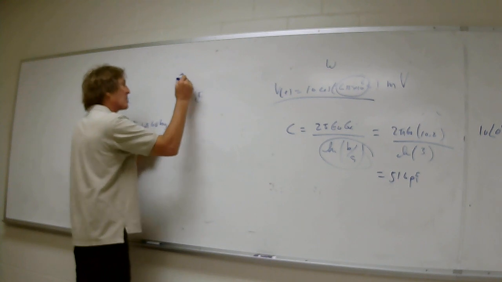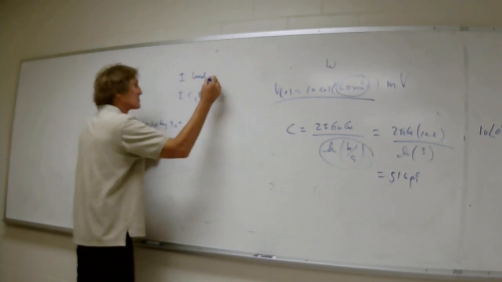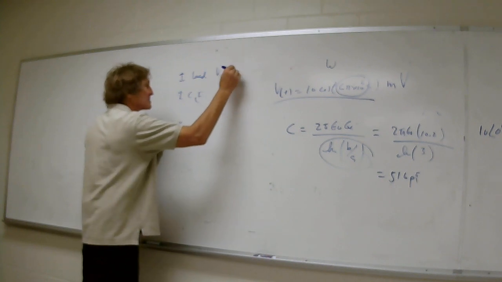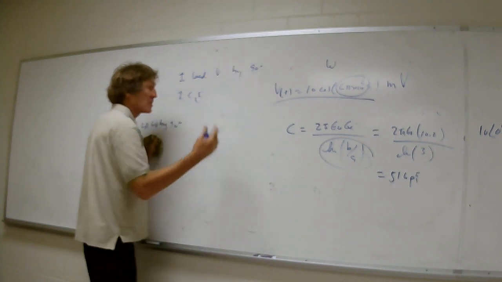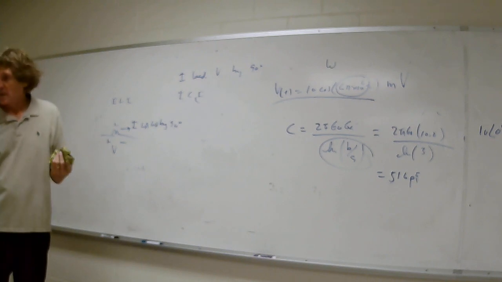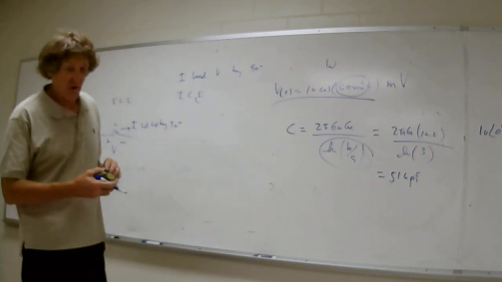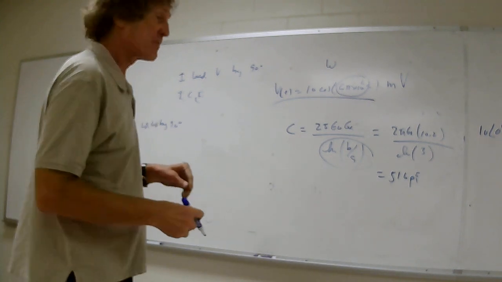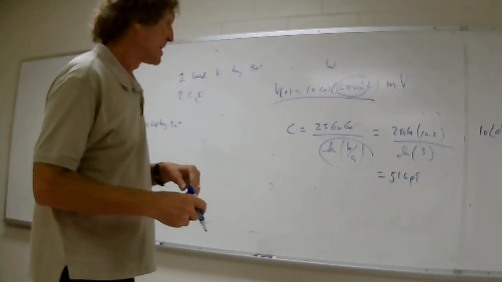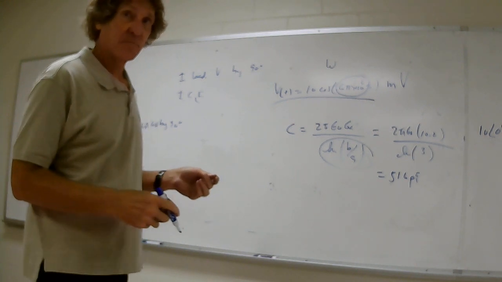That means the current will lead the actual voltage by 90 degrees. You all know the difference between lead and lag, right? Yeah. All right, so that's it. In a capacitor, the current's always going to be ahead of the voltage by 90 degrees. And for an inductor, the current always lags behind.